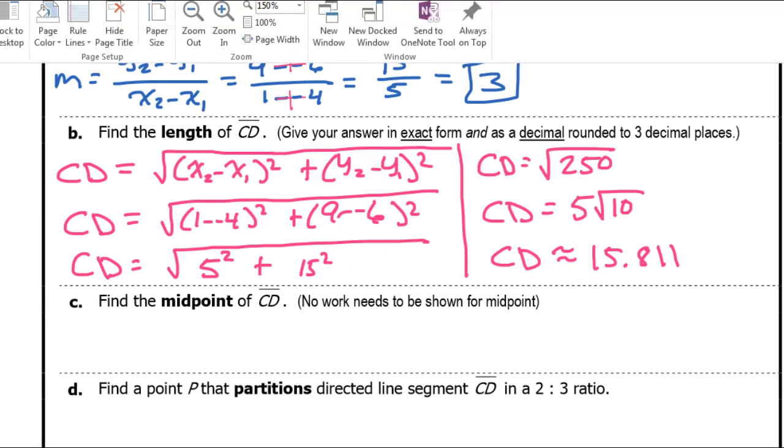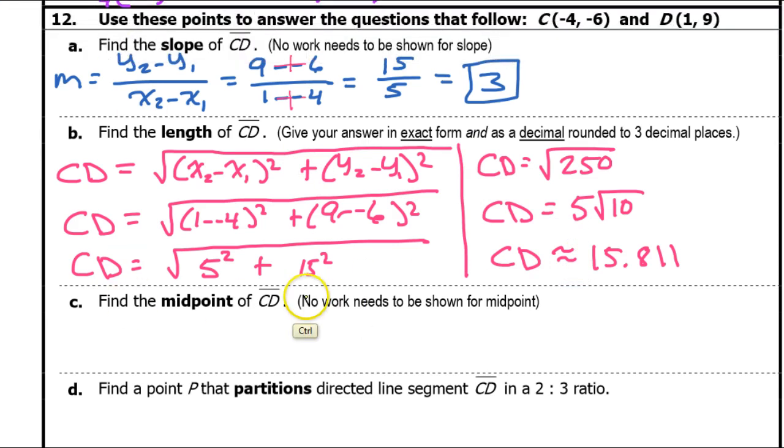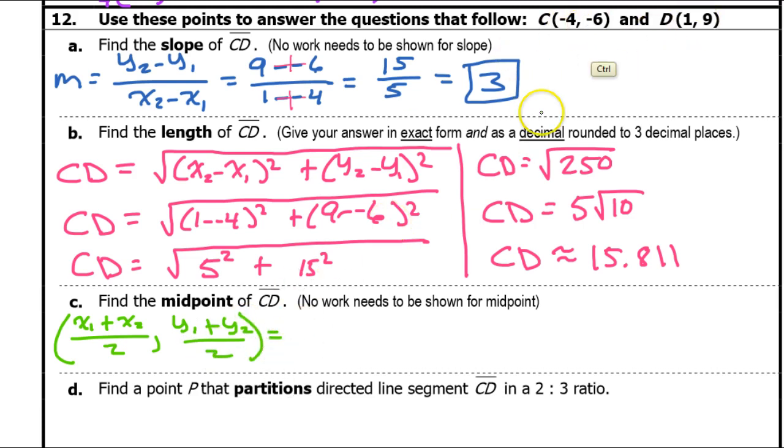Okay, next let's find the midpoint of segment CD. So remember, the midpoint is the average of the x's, so x plus x divided by 2, and then the average of the y's, so y plus y divided by 2. So the average of the x's: negative 4 plus 1 divided by 2.